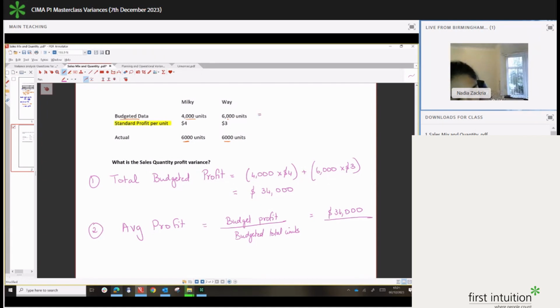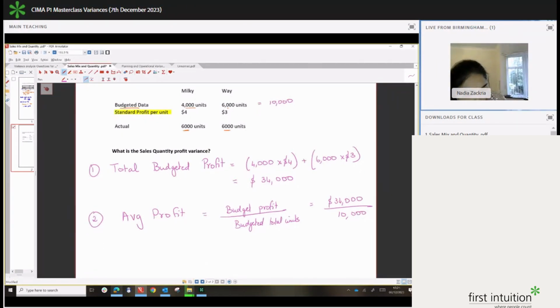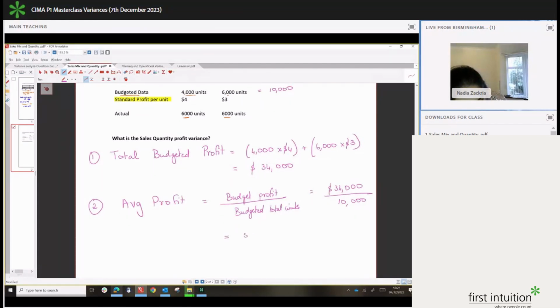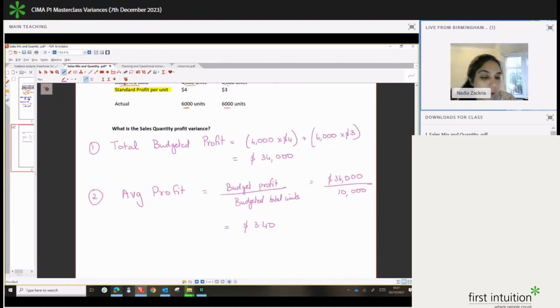Total units was 10,000. Which means according to our standard mix, we should earn $3.40 on average over the 2 products that we had. Try this method whenever you've got a quantity variance question. You'll always get it right. Okay, so total budgeted profit first, then work out your average profit.